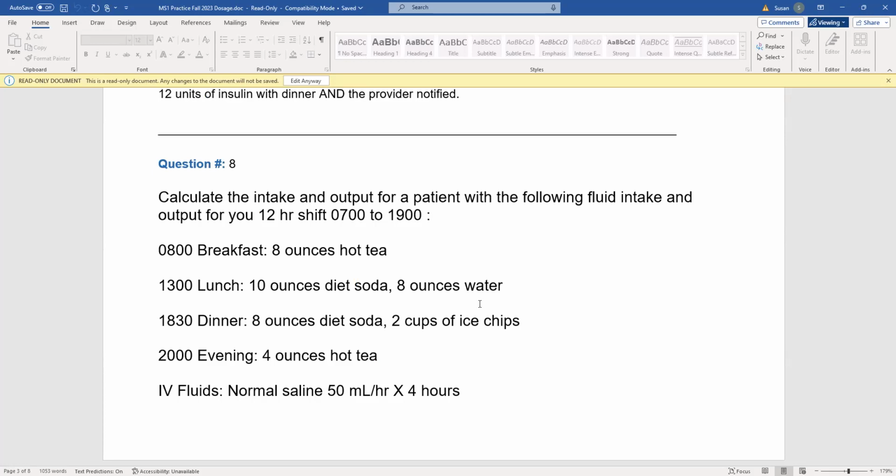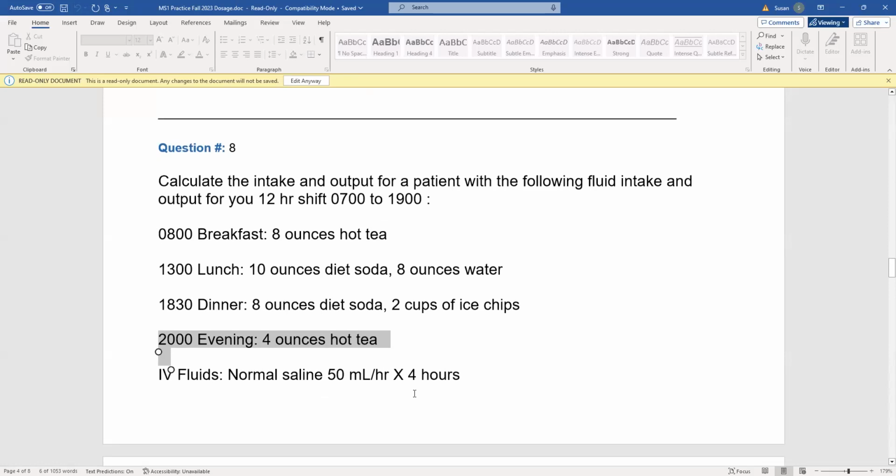So I think it was this 4 ounces of tea here, maybe I might have added. That shouldn't have been added in. So I got to look at that answer to see what I got there, but I'll fix that if that's the case. So those are the things that you're looking at. Make sure that there's nothing on there. Also, if you have IV fluids, you have to calculate the total number of hours that it's running for.